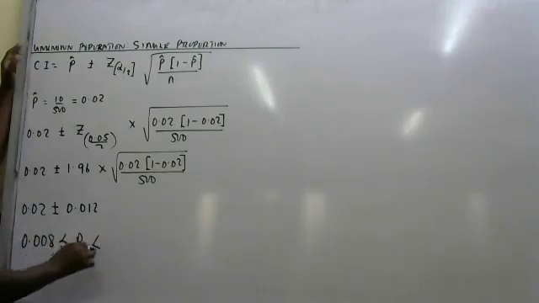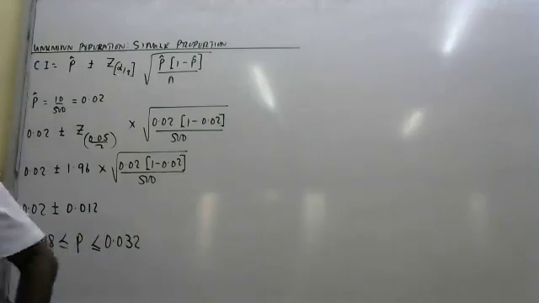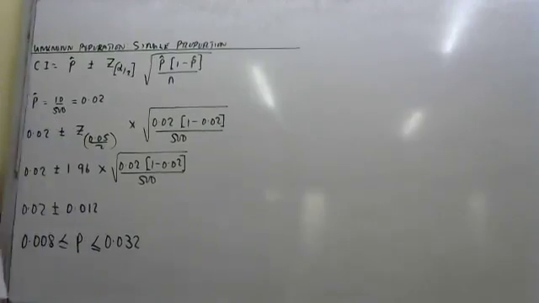So this is the population proportion, and on the upper side, 0.032. So we are okay with that.